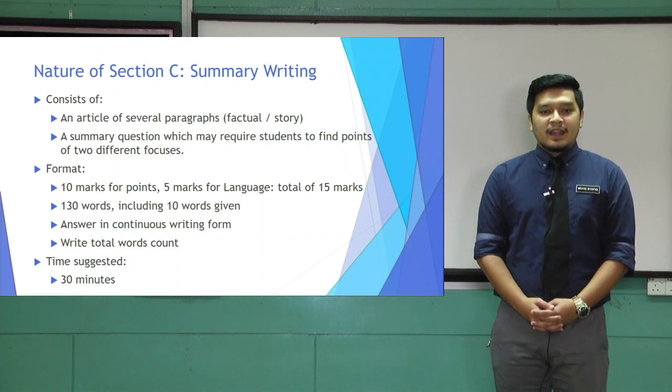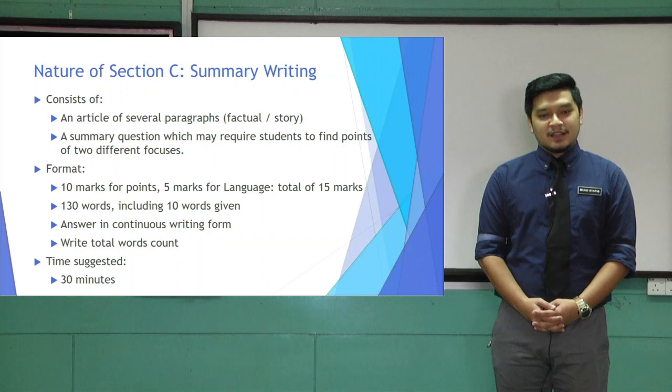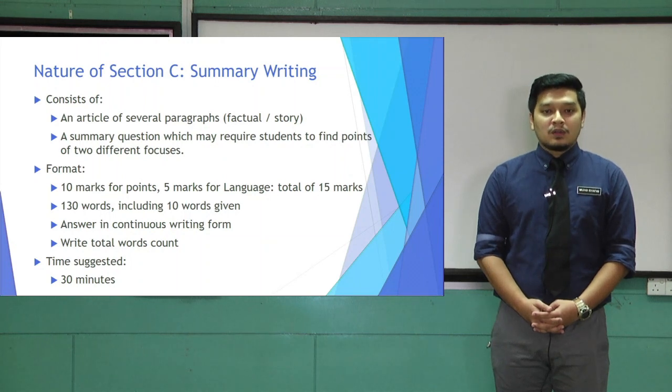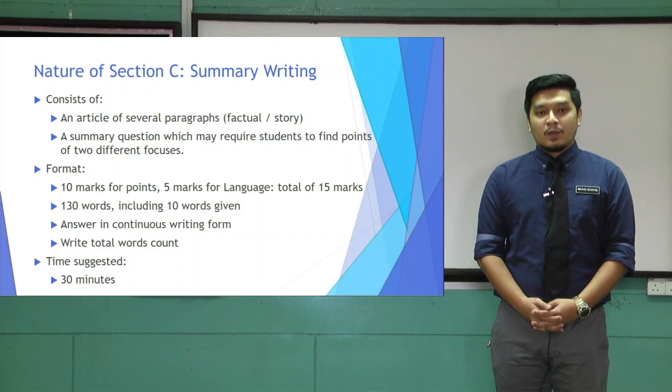And then your answer for summary must be in continuous writing form. And the last one, you have to write your total word count at the bottom. So the time suggested for summary writing is 30 minutes because the whole time suggested for Section C is 50 minutes. And remember, we have spent 20 minutes for reading comprehension, so we have to spend the remaining 30 minutes to finish our summary writing.